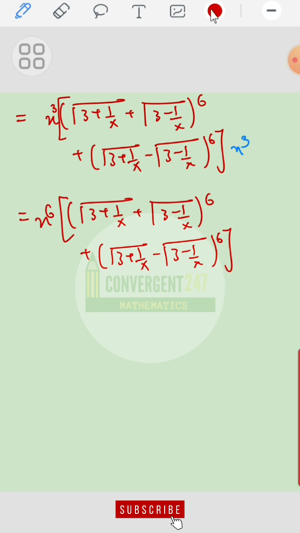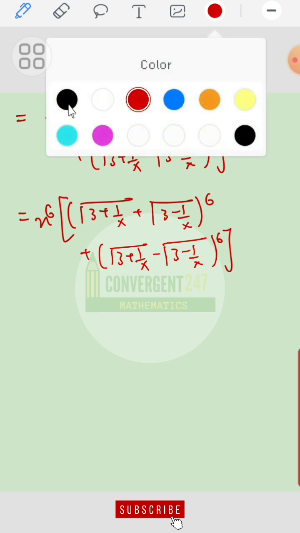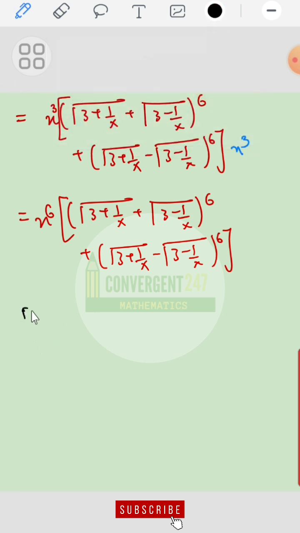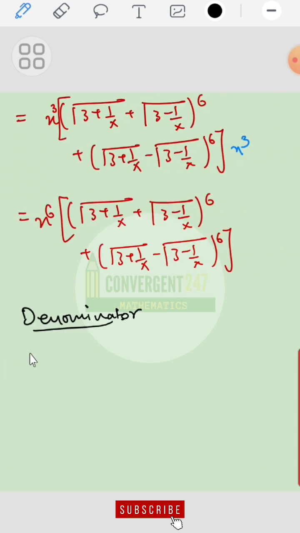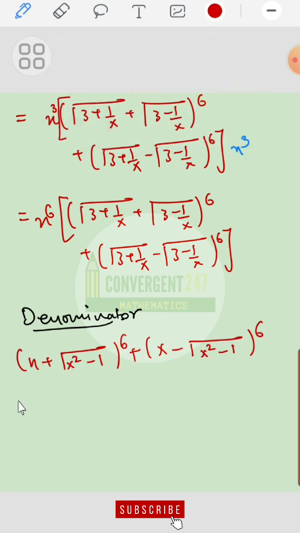Okay, now let's simplify the denominator. In the denominator, you can see here, x plus this expression, x minus this expression. So let's write it. Take x common from here.